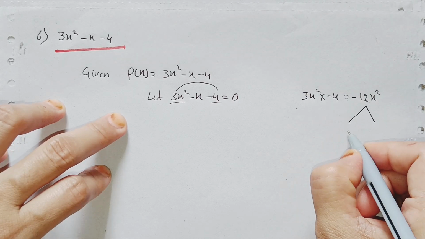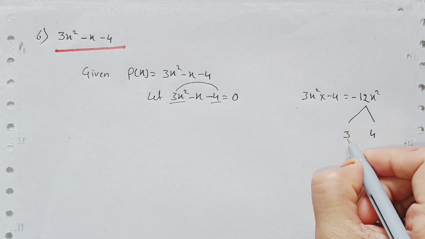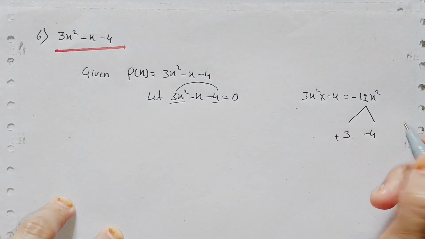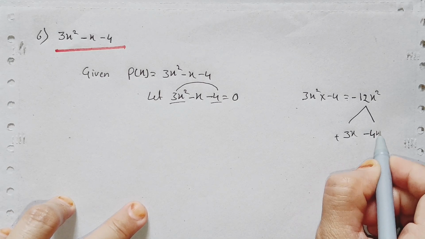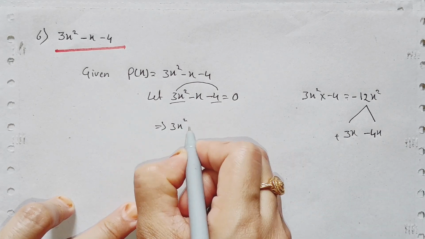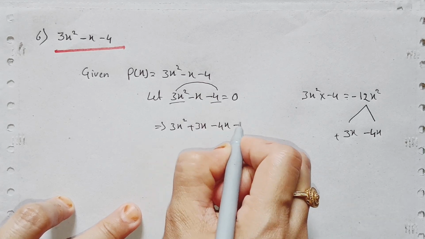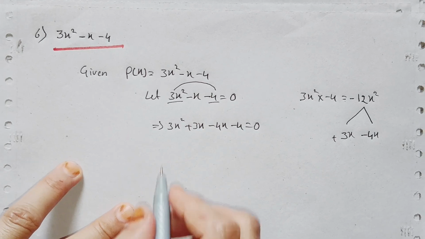Here this is plus and this is minus, x into x. So I can write it as 3x square plus 3x minus 4x minus 4 equal to 0.